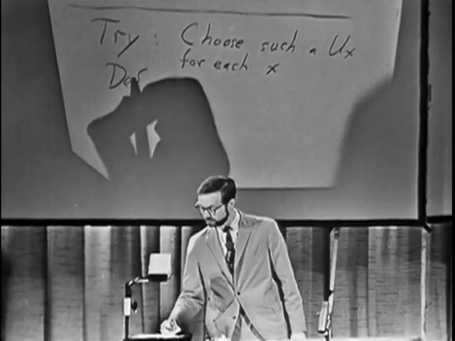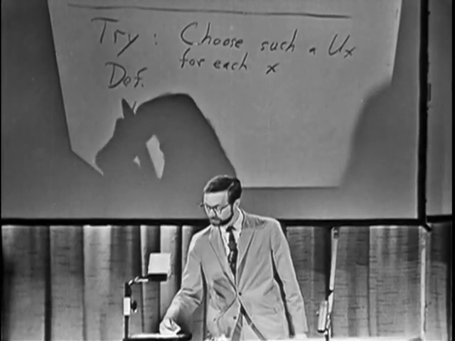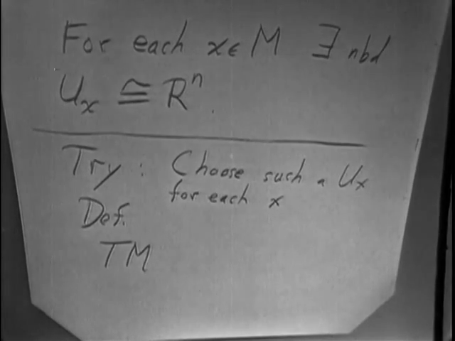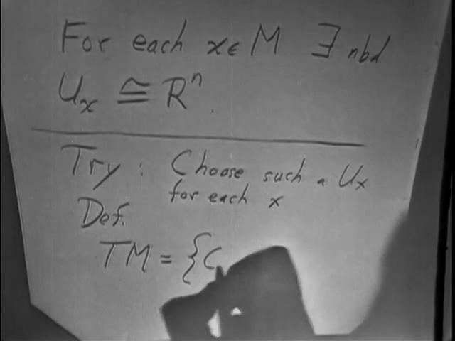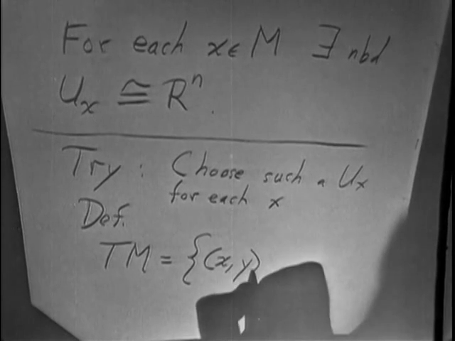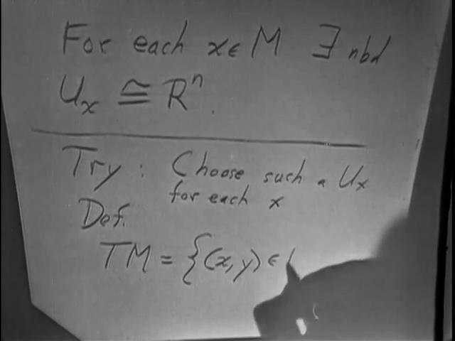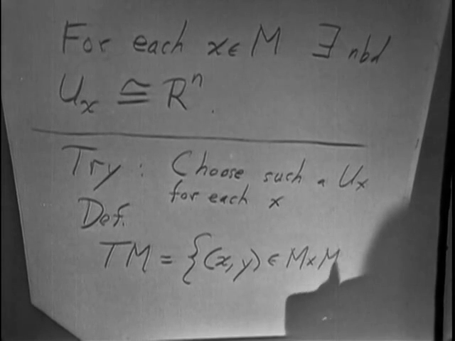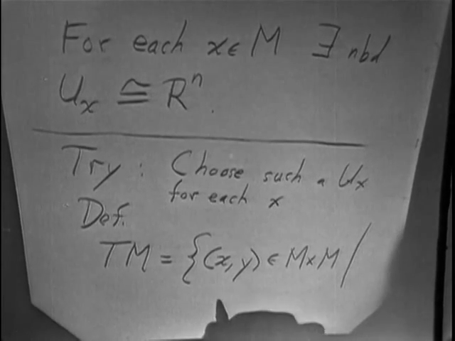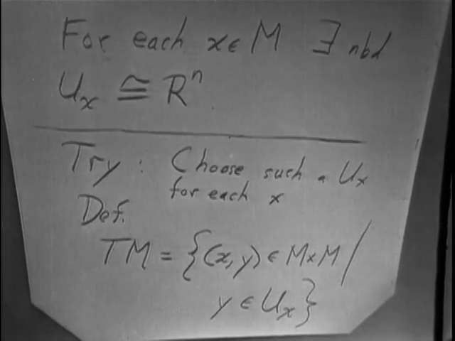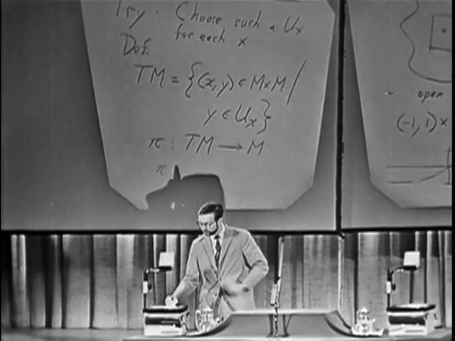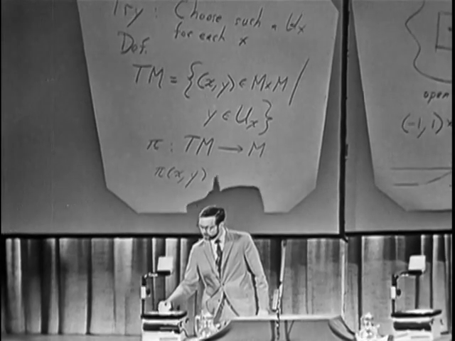And now let's define the tangent space of M within the given category to be the set of pairs x, y in M cross M, such that y is in u sub x. And then we can define the projection map from TM to M by pi of (x, y) equals x.